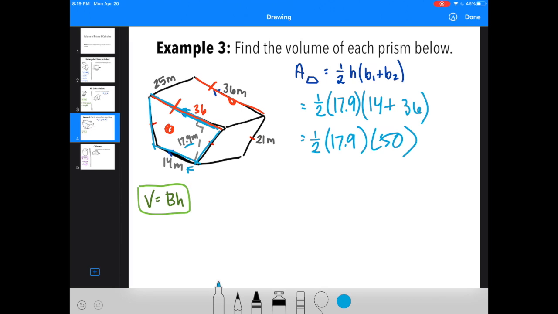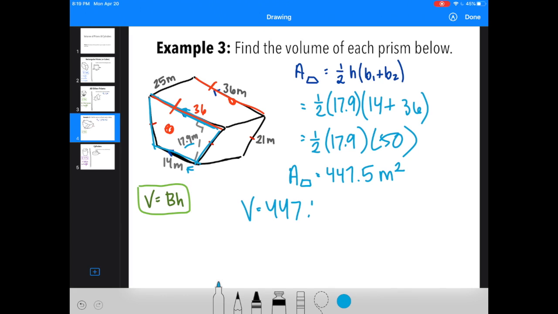So 50 times 17.9 gives me 895, divided by 2 gives me... oh wait, no, area, the area of my trapezoid of 447.5 meters squared. That gives me my area.